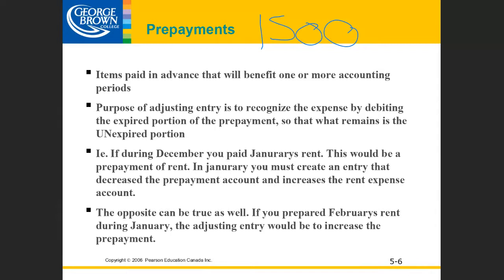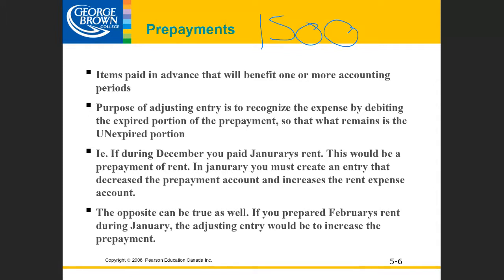So what is 1 month worth of insurance costing us? Exactly, $500. So on May 1st, we purchased $1,500 worth of insurance for the next 3 months, which means that the monthly rate of our insurance is $500.